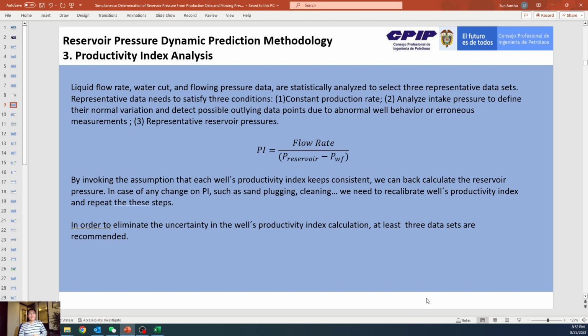Third, representative reservoir pressures. Here is the intake pressure. Then we can calculate the productivity index that equals flowing rate divided by the delta pressure between reservoir and the middle flowing pressure.